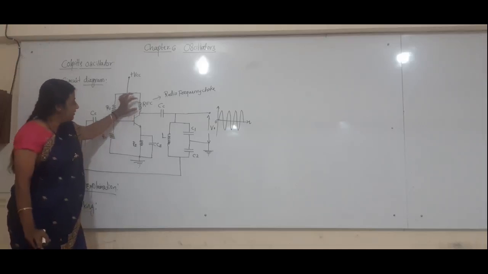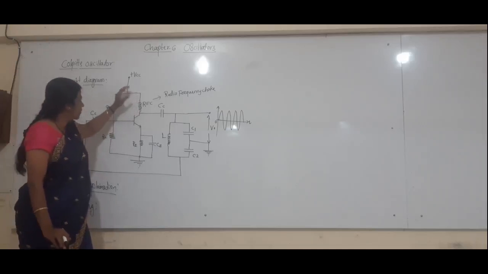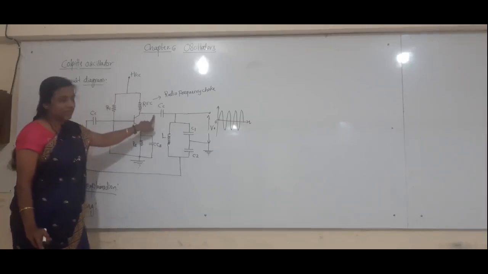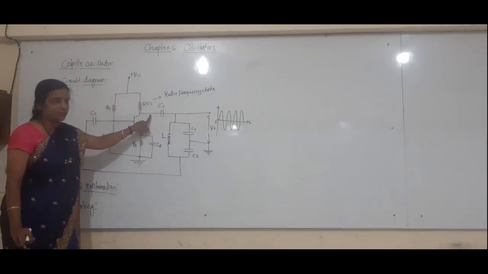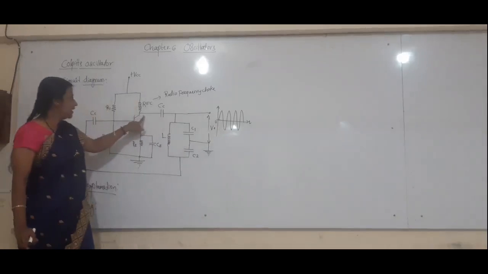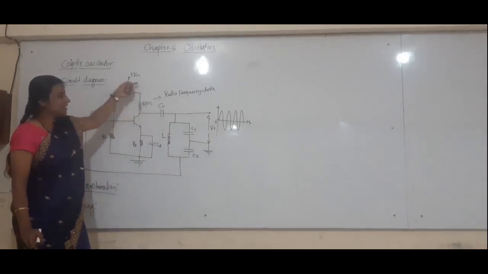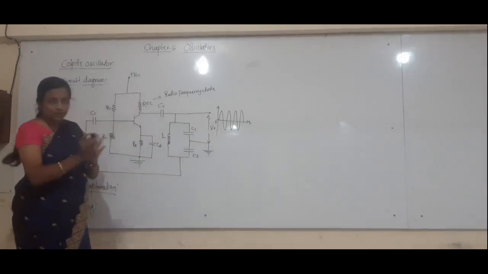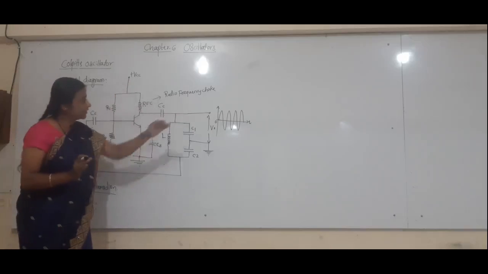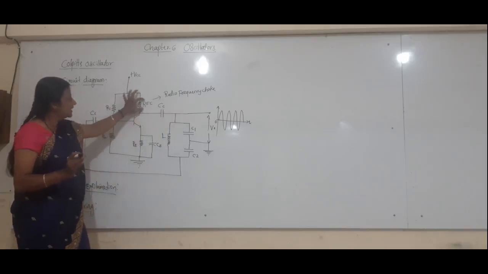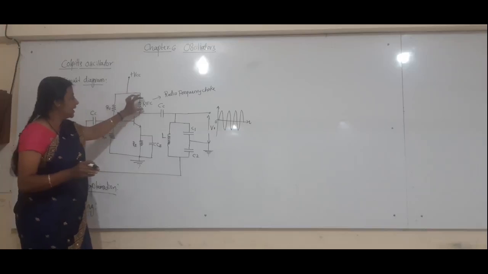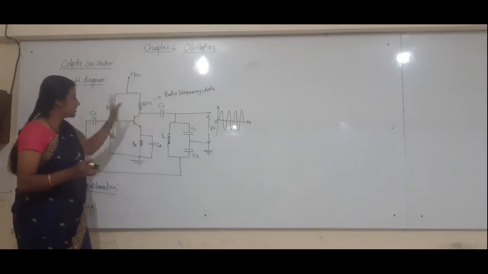So it provides isolation between your DC supply voltage and the electrical oscillations generated at the collector terminal. To separate the two types of signals, DC and AC, this RFC choke is employed. It acts like a short for DC and like an open for AC. This is its function.